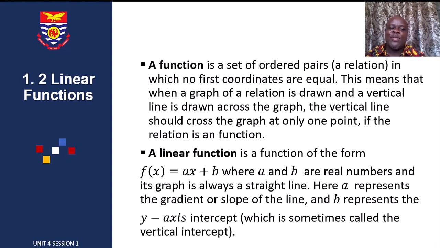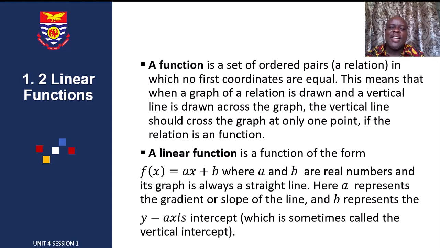Now, if you have a function that is of the form f of x is equal to ax plus b, where a and b are real numbers, then you have what you call a linear function. If you draw the graph of this linear function, it is always a straight line.